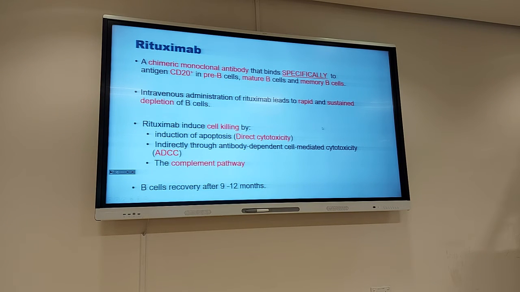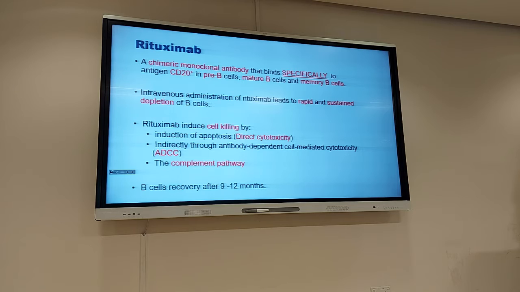So rituximab is a chimeric monoclonal antibody that specifically binds to CD20 in pre-B cells, mature B cells, and memory B cells. Intravenous administration of rituximab leads to rapid and sustained depletion of B cells. So it's a depleting antibody.